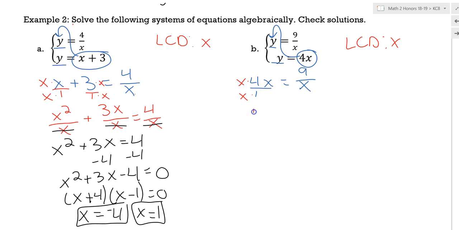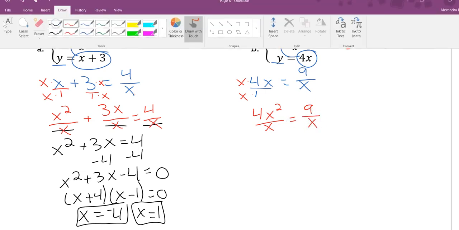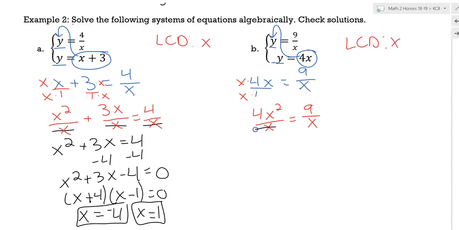So x times 4x is 4x squared over x equals 9x over x. We can get rid of our denominator, so we're left with 4x squared equals 9.